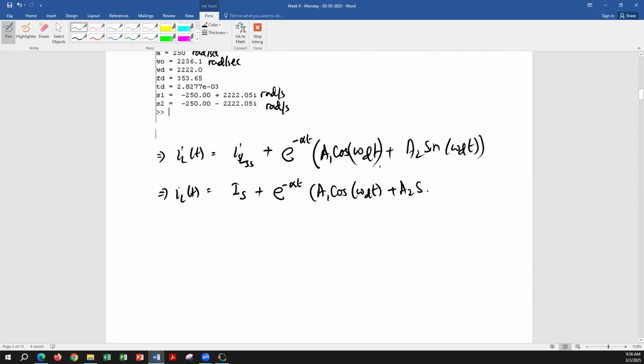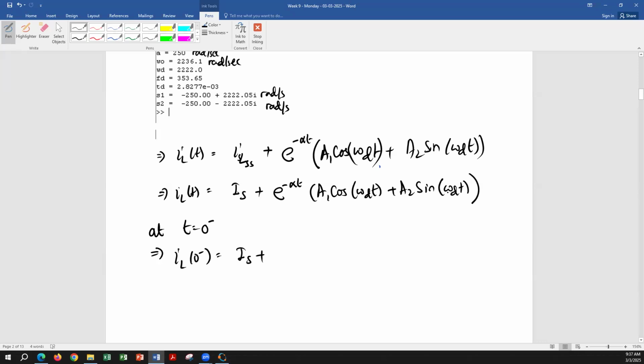All right, how do we find A1 and A2? Who is going to tell me that now? First, we're going to use initial condition. At t equal to 0 negative, iL(0 negative) is equal to Is.